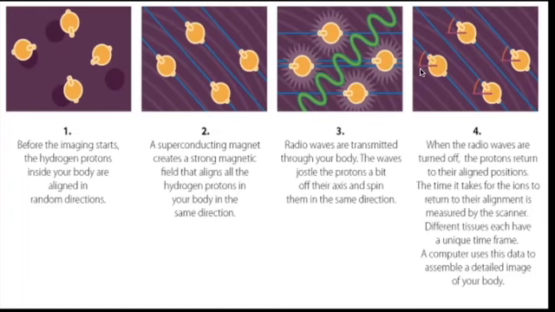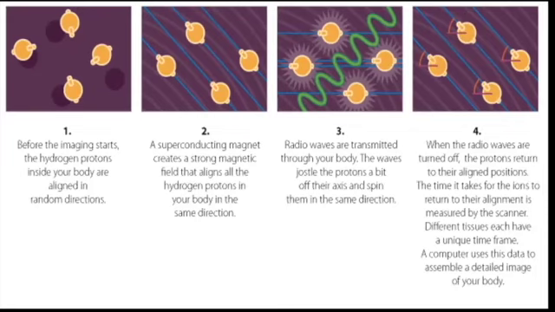So they start going like this. They're tilted away. That's what you're trying to do, okay? After you send the radio frequency pulse and put these hydrogen protons in an uncomfortable position, and you shut off the radio frequency wave, they'll try to go back to their comfortable position. They'll try to align back with the magnetic field.